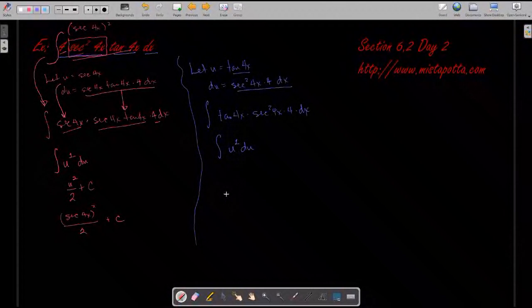That same power rule that we talked about would give me u to the second power over 2 plus c. But u in this case is tangent. So this is really the tangent of 4x that's being squared, divided by 2, plus c.